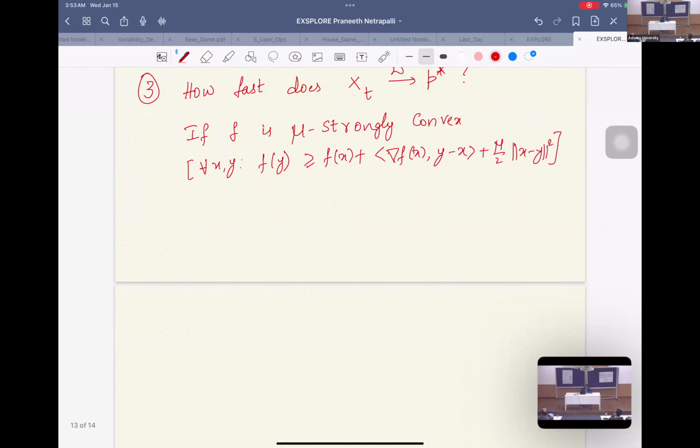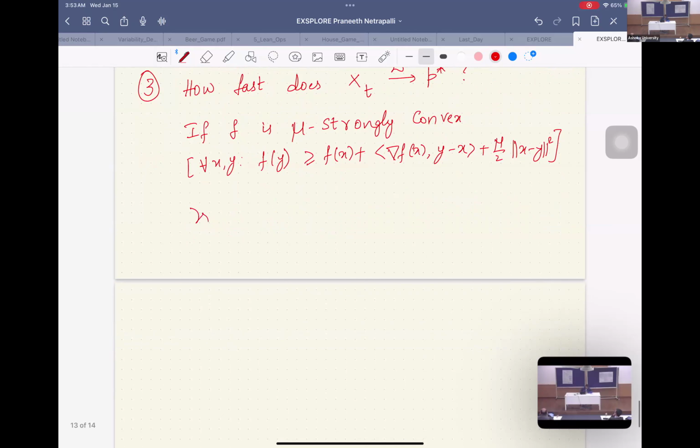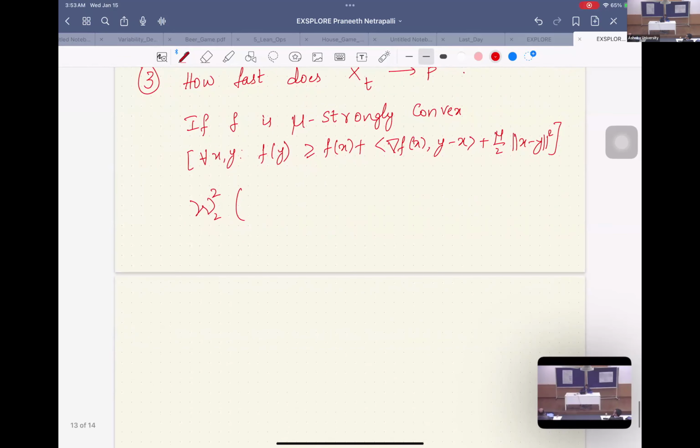Under this condition, W2 squared, the Wasserstein distance, a measure of distance between probability distributions, between Pt and P star goes down exponentially fast, like exp of minus mu times t.